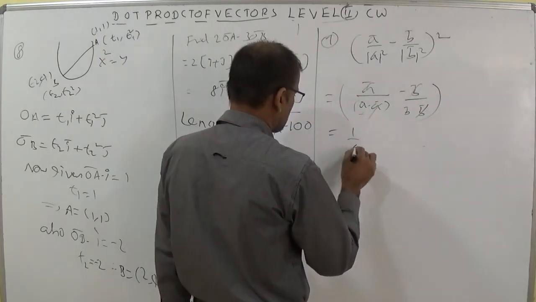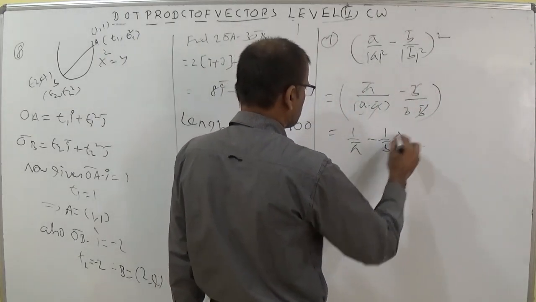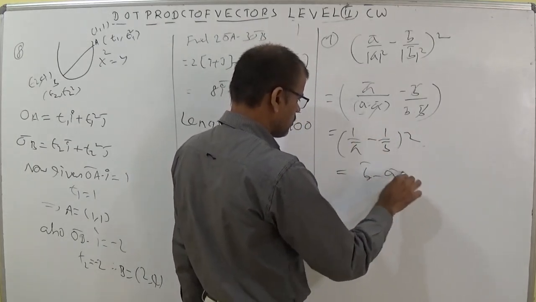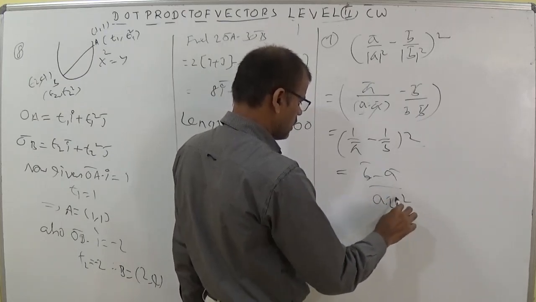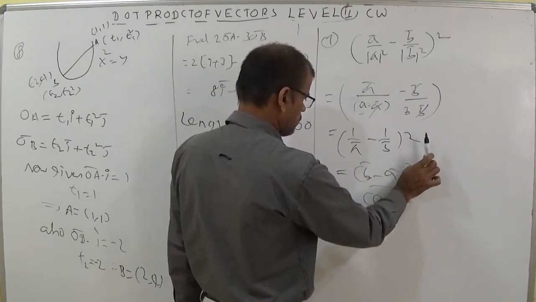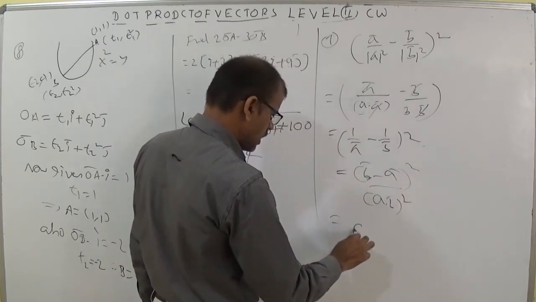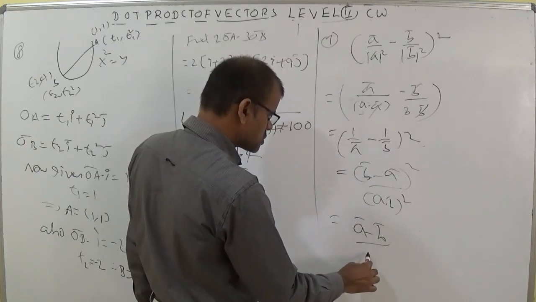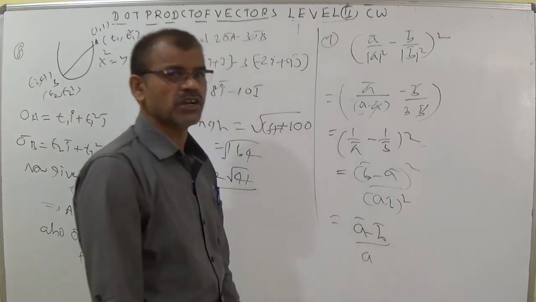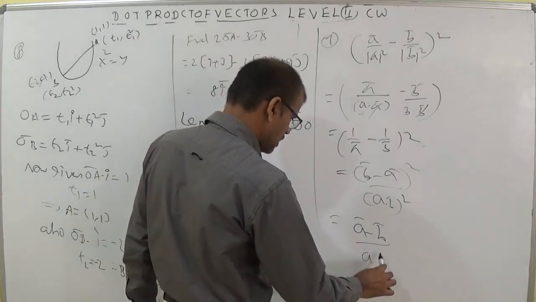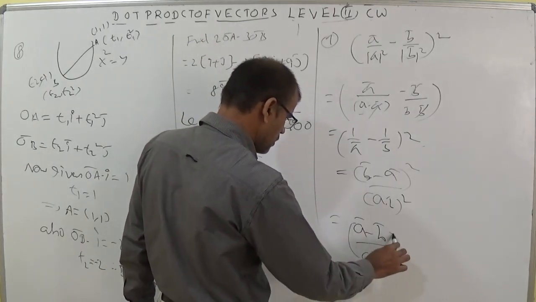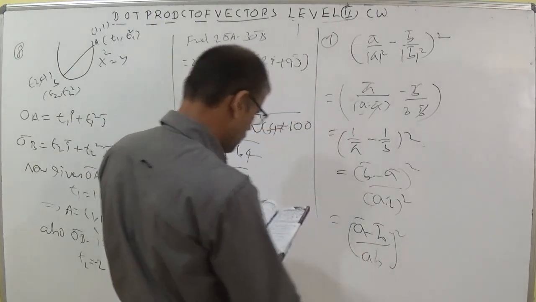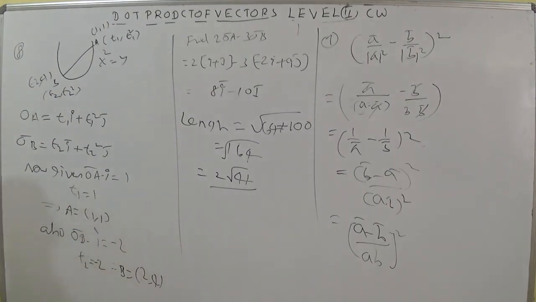You can write here 1 by A bar minus 1 by B bar, whole square. Taking LCM, you will get B bar minus A bar by A bar dot B bar, whole square. It is given as A bar minus B bar, and whenever you get a square, minus 4 whole square is 16 and 4 whole square is also 16. Then you can write B bar minus A bar also as A bar minus B bar, A bar minus B bar by AB whole square. The given second option is correct.